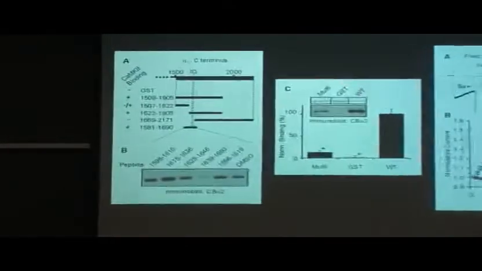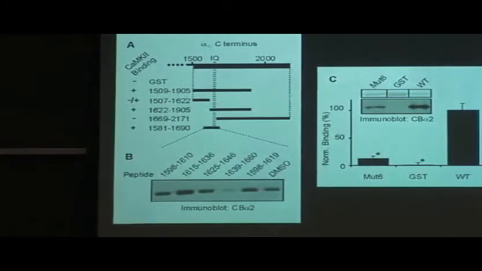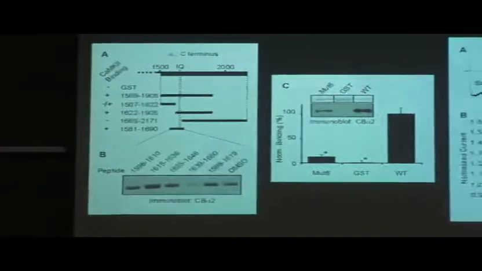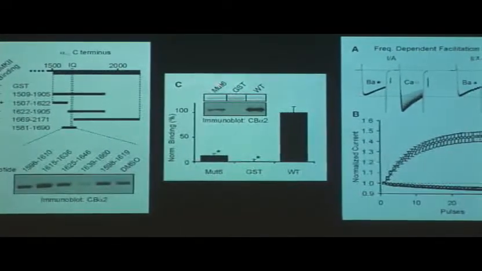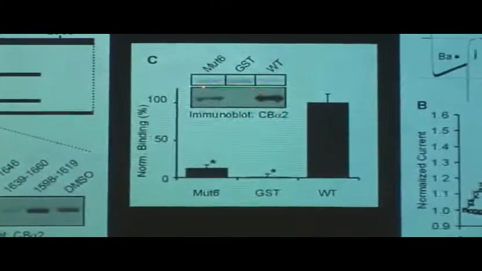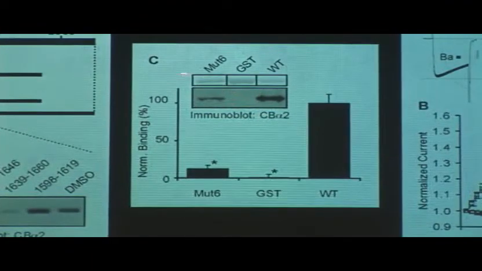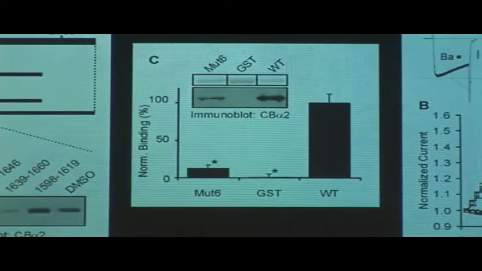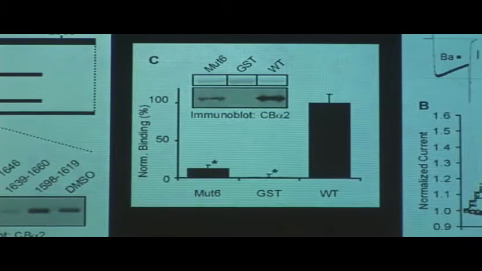Mutating 6 amino acids that were conserved between alpha-1C, which is the L-type channel, and alpha-1A, which is the P/Q channel, which also undergoes the calcium-dependent facilitation, we were able to almost completely block the interaction between the CaM kinase and the channel, as shown here. So here's the mutant, here's the wild type, there's the GST control, and here's some quantification of that. And so here are some data that suggest that the association we were demonstrating in vitro, with all the caveats that you're alluding to, is probably important.